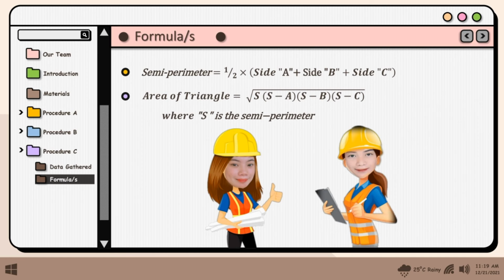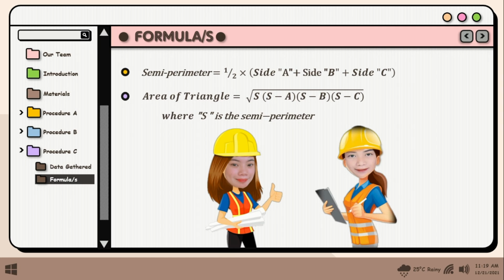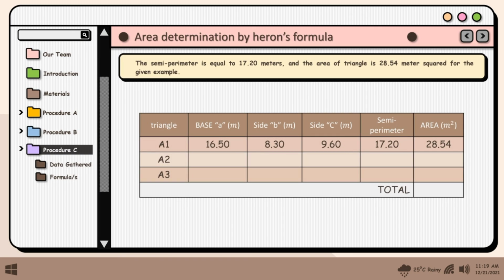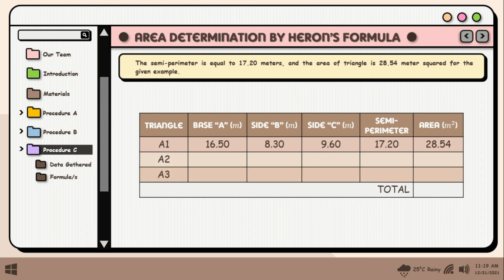Area is equal to the square root of S times the quantity S minus A times the quantity S minus B times the quantity S minus C, where S is the semi-perimeter. The semi-perimeter is equal to 17.20 meters, and the area of the triangle is 28.54 meters squared for the given example.